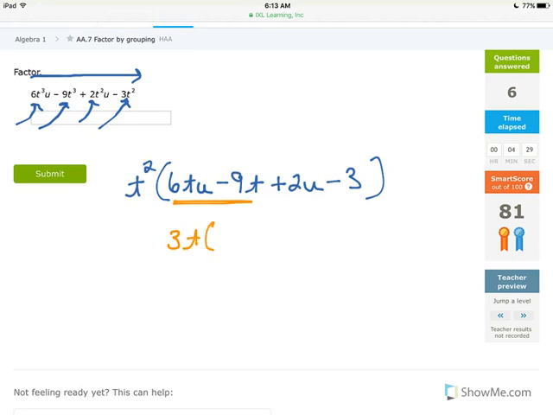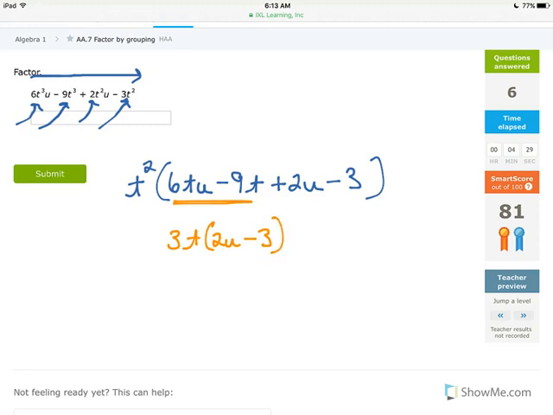And what would be left behind? You would need a 2 to get the 6 back, and then a u. So if I multiplied those two back together, you get your 6t times u back. And then you would need a minus 3. 3 times negative 3 is a negative 9, and then you have the t.